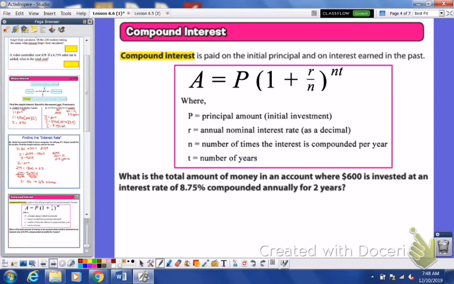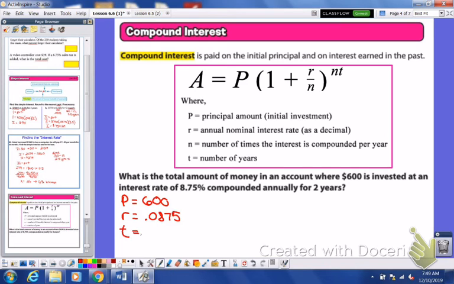Alright, so one example here. What is the total amount of money in an account where $600 is invested at an interest rate of 8.75% compounded annually for 2 years? If we label everything, P is our principal, so that's 600. R is our rate as a decimal, so 8.75% would be 0.0875.